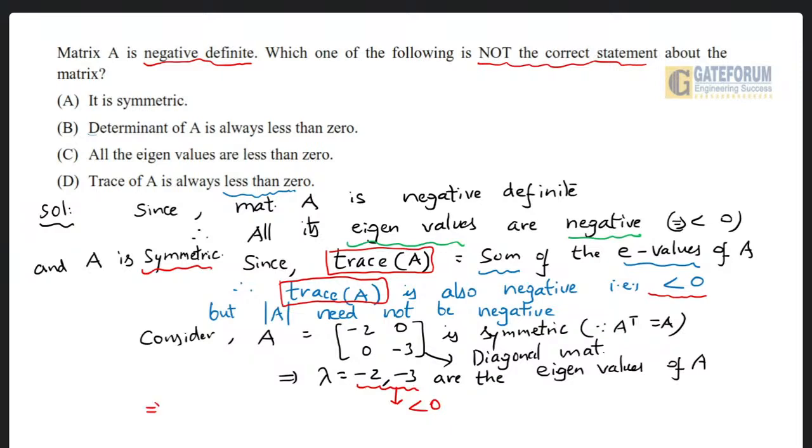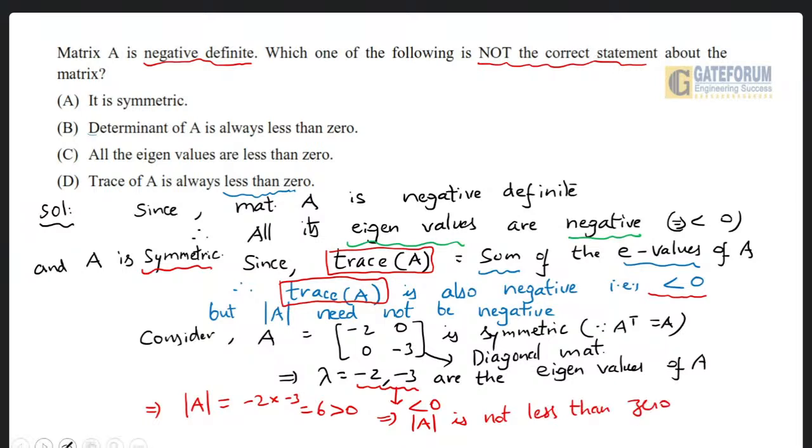Now, what is mod A? Product of the eigenvalues. This is just minus 2 into minus 3 is equal to 6. So this is greater than 0. That implies that determinant of A is not less than 0.